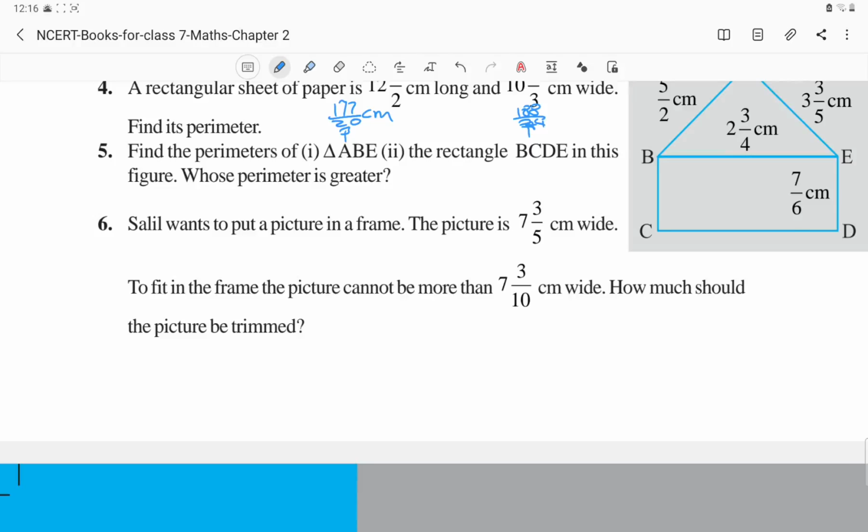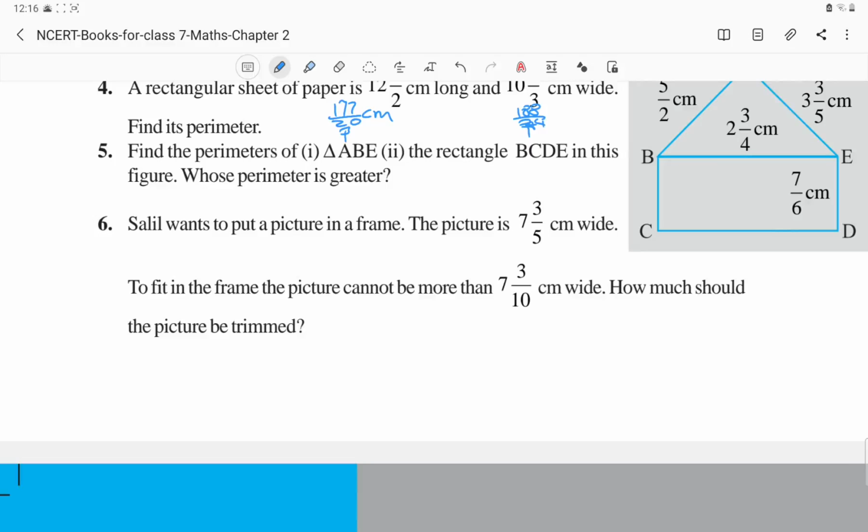Salil wants to put a picture in a frame. The picture is 7 by 5 centimeter wide. To fit in the frame, the picture cannot be more than 7 by 10 centimeters wide. How much should the picture be trimmed?